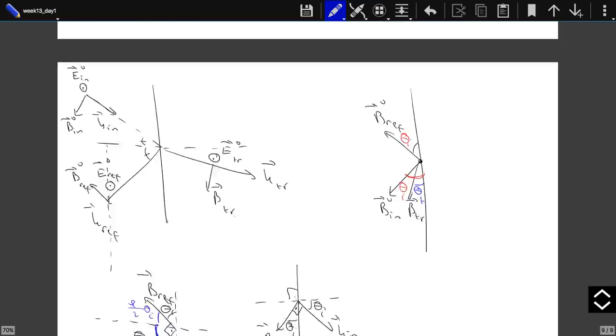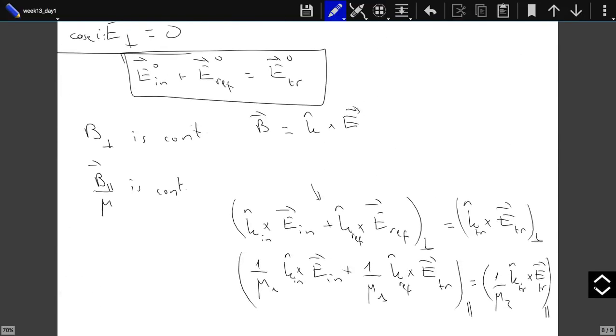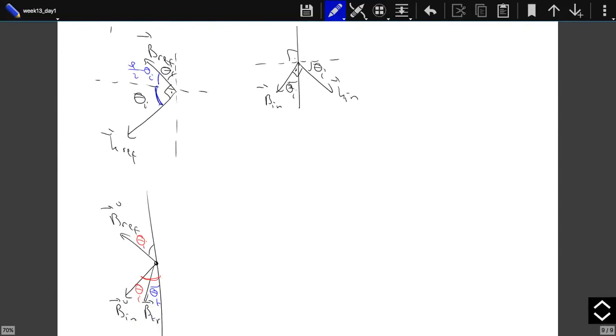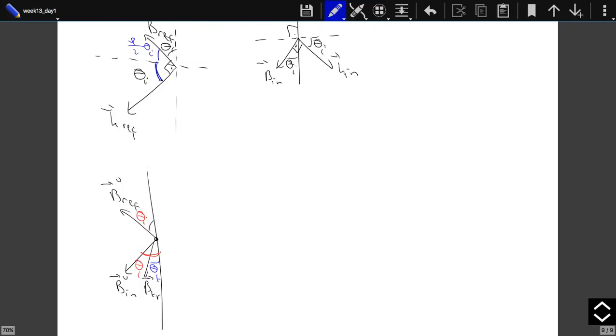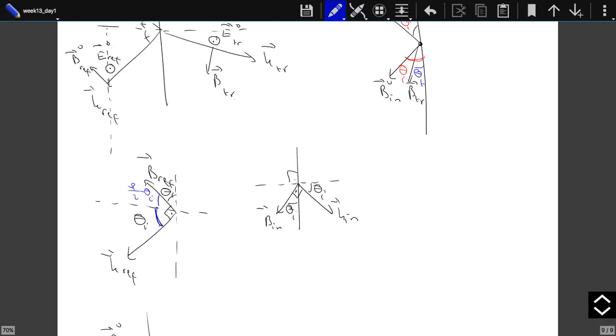Now let's go back to our conditions. We have B perpendicular is continuous. Before continuing, keep in mind that the magnitude of B is equal to K hat cross E, so the magnitude of B is equal to the magnitude of E because they're all perpendicular to each other.